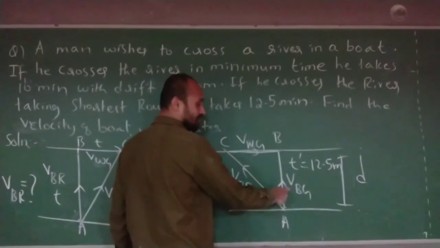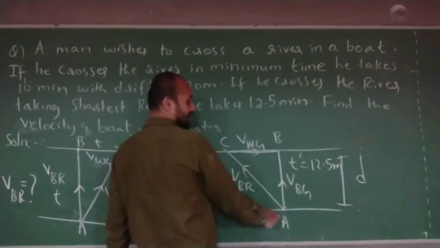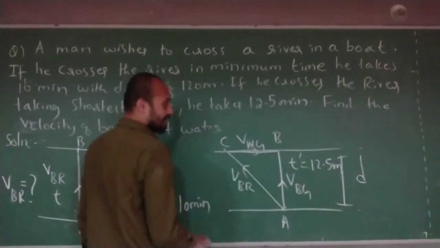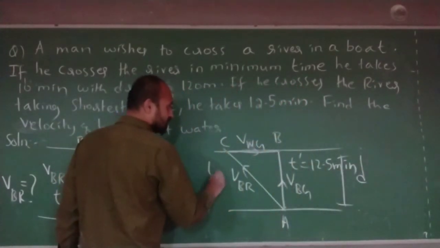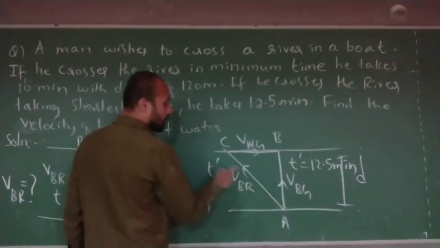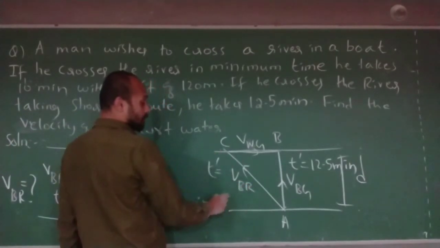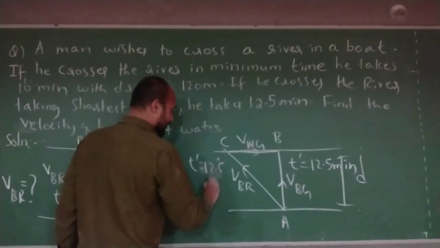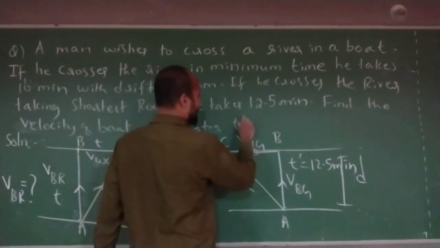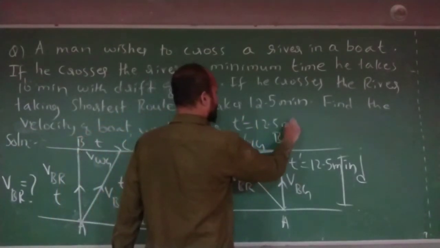If he travels with this velocity, he will reach from point A to B in 12.5 minutes. If this is also T dash, he will reach from point A to C, traveling with VBR, in a time of T dash, which is 12.5 minutes. Same thing here, T dash is 12.5 minutes.